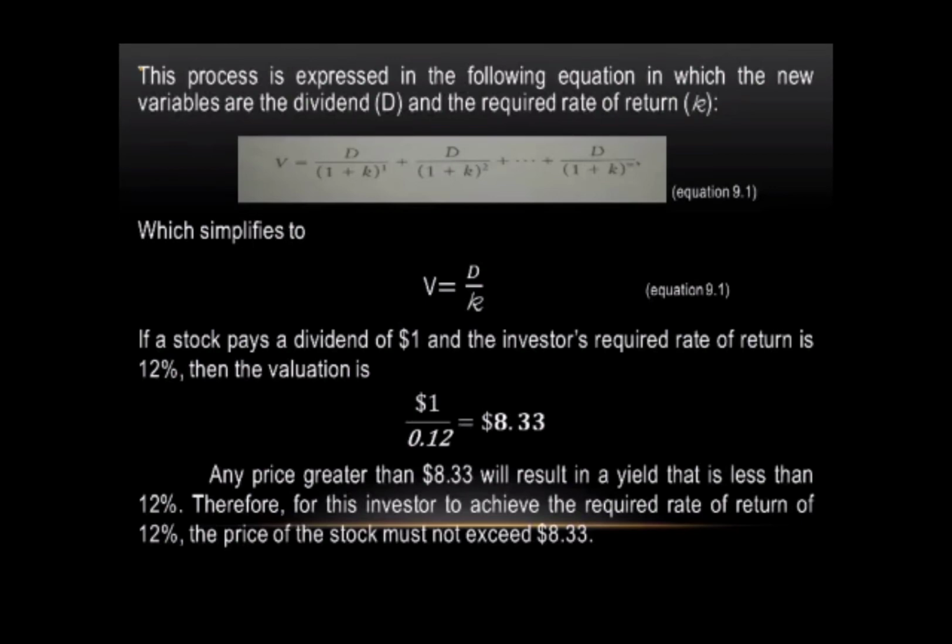Any price greater than $8.33 will result in a yield that is less than 12%. So therefore, for the investors to achieve the required rate of return of 12%, the price of the stock must not exceed $8.33.